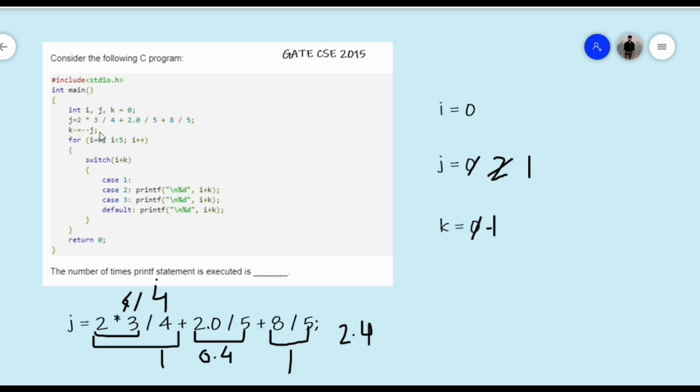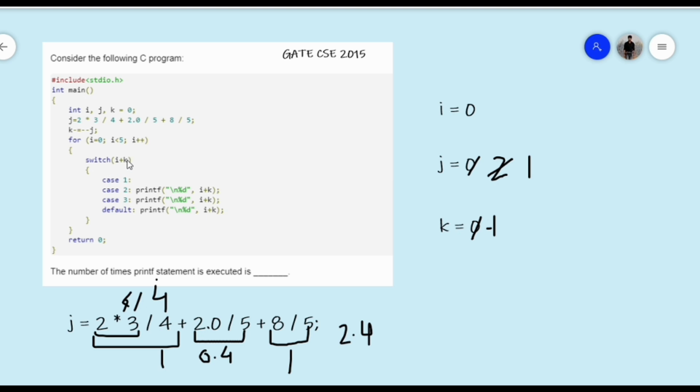Now here for loop: i equal to 0, i is less than 5, i plus plus. So what is the value of i? That is 0. What is the value of j here? 1. So i value is 0 and i is less than 5, yes, the condition is true. We will go inside this switch statement.